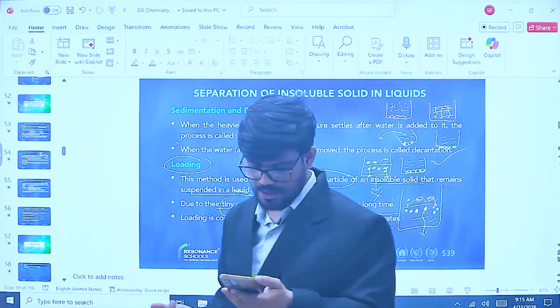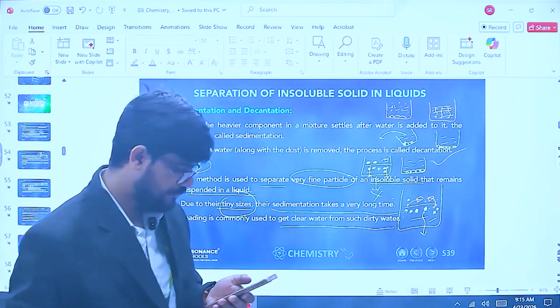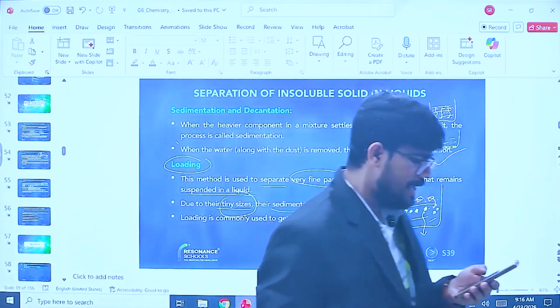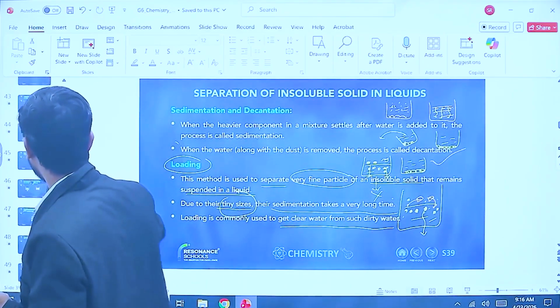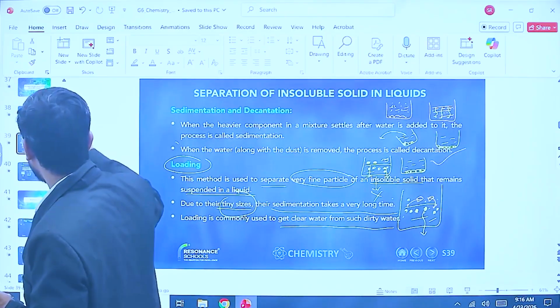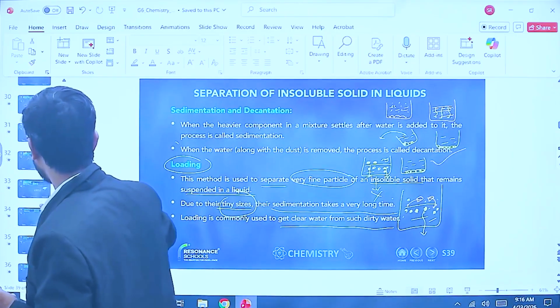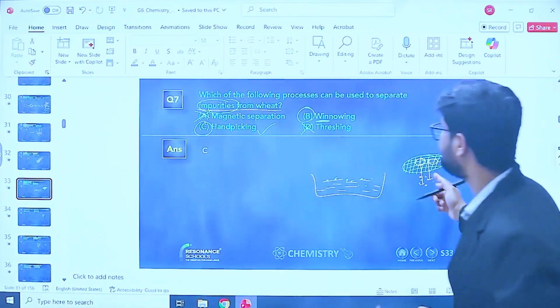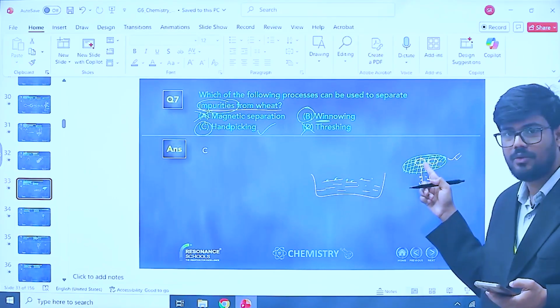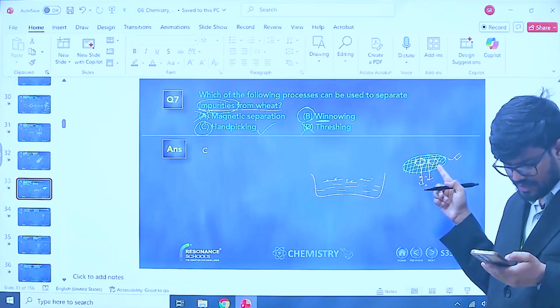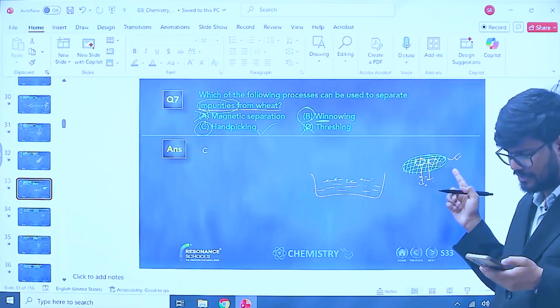Okay. Now any new question? Sieving, this one I explained. So this is sieving. We have seeing or sieving, this would be sieving, right?